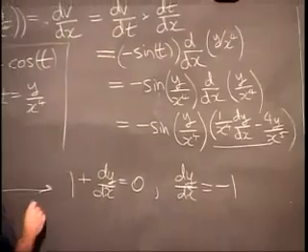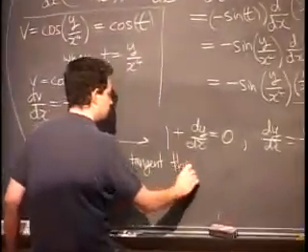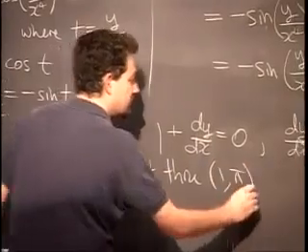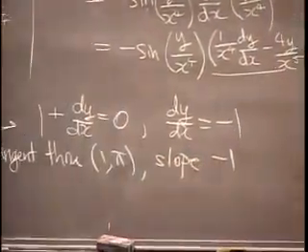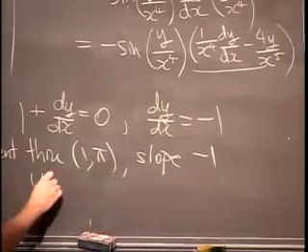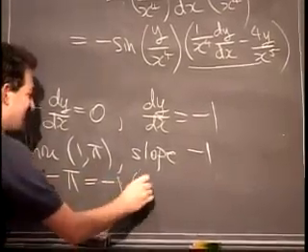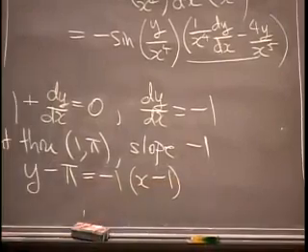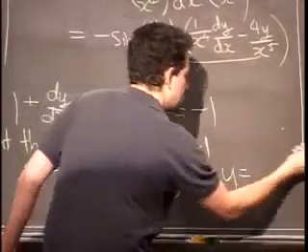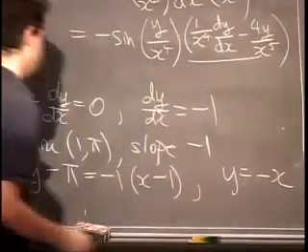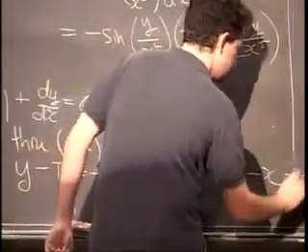The tangent goes through 1, pi, has slope minus 1, so we can just write down its equation as y minus pi is equal to minus 1 times x minus 1. Or if you prefer, y is equal to minus x plus 1 plus pi.